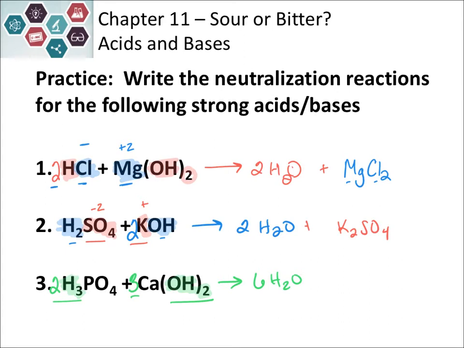Then if we look at the other half, we have phosphate and calcium. And this tells me I have 2 phosphates and 3 calciums. So if we write the products, that's Ca3(PO4)2. Double check ourselves, calcium's in group 2, it's +2. Phosphate is a -3. So if we swap our charges, we get 3 calciums and 2 phosphates.